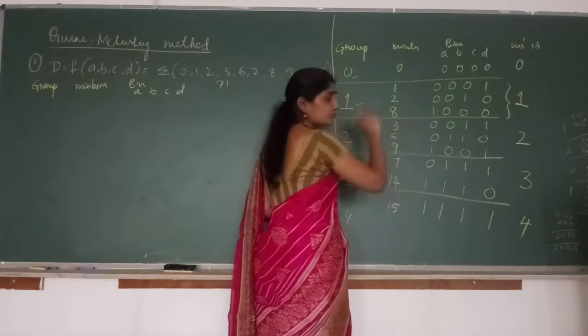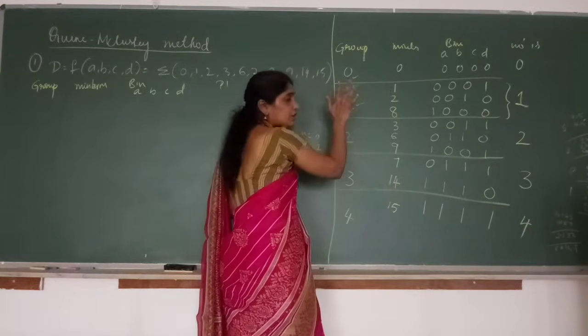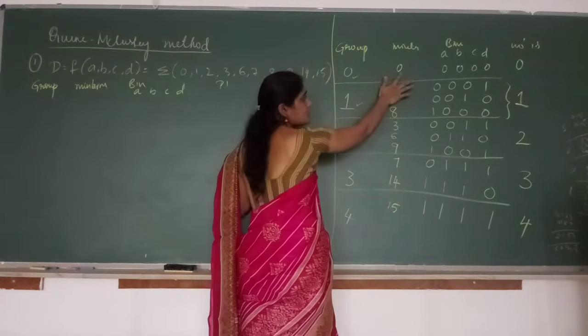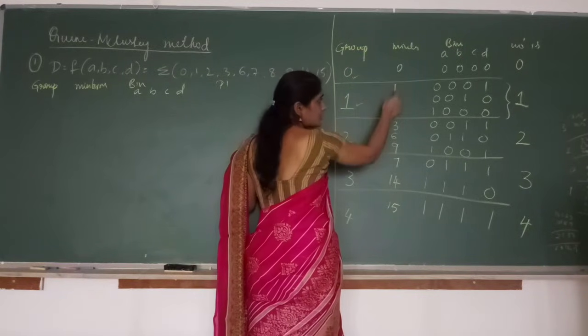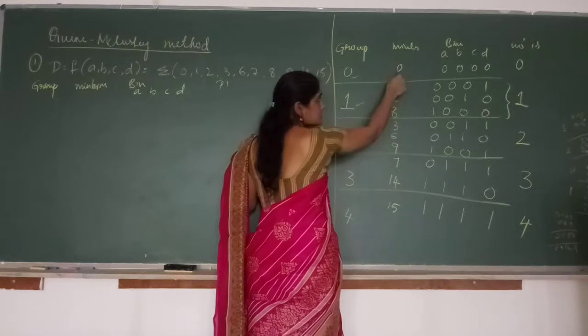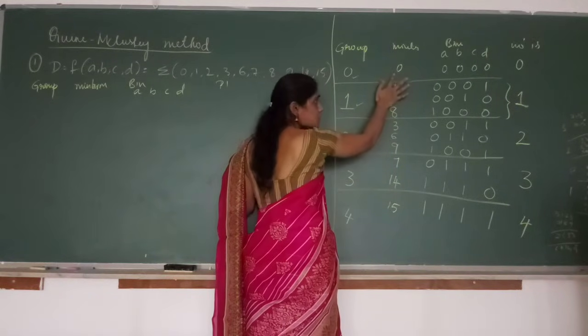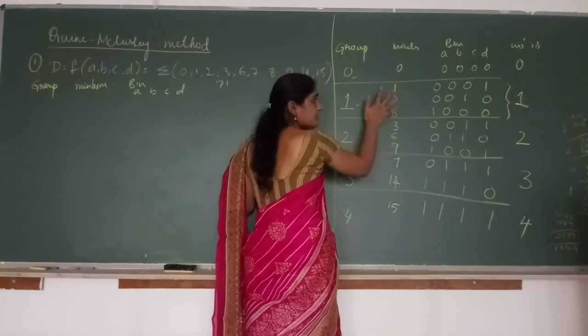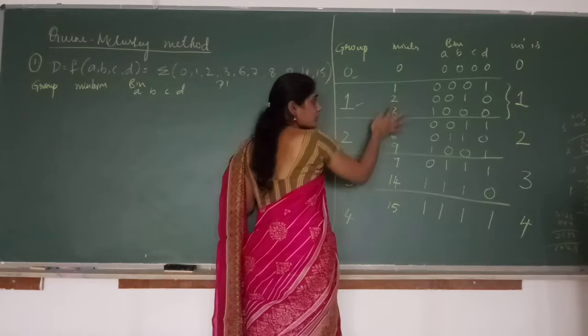That means, let me compare group 0 min terms with group 1. How many min terms are there in group 0? Only one, that is 0. So I have to compare 0 with 1, 0 with 2, 0 with 8. All the min terms present in group 0 are to be compared with group 1.